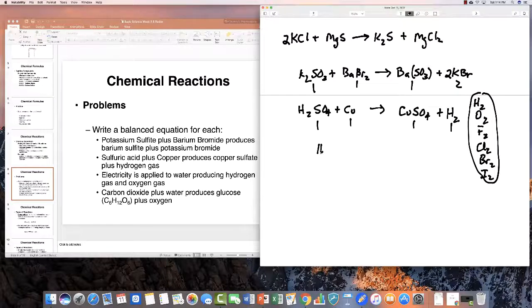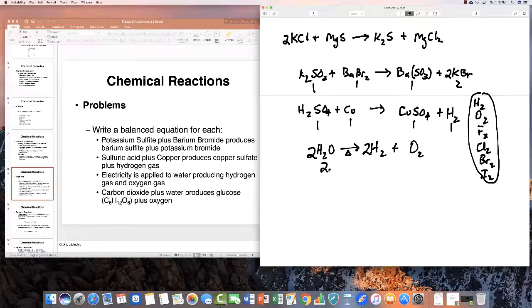So water, and you can use a little delta or whatever to imply electricity. And then remember, hydrogen is one of these polyatomic guys, or diatomic guys, so it's like this, and oxygen is like that. And so you have two of these and two of these. That's okay, but you only have one here and two here, so you need to put a 2 here. But now you have 4, so you need to put a 2 here.